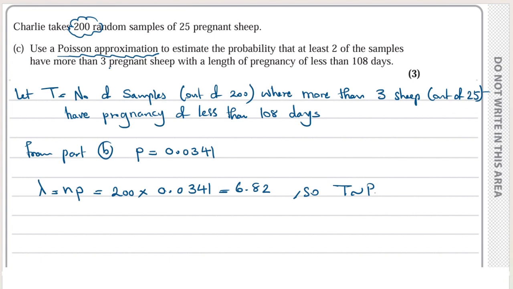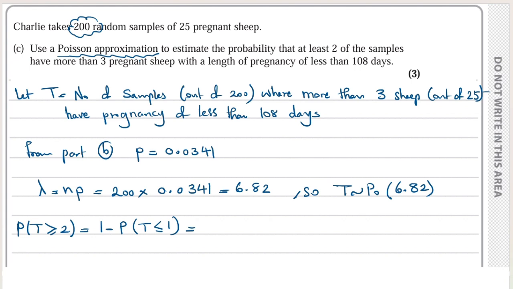And we know that T has a Poisson distribution with lambda equal to 6.82. So we want to find the probability of T. It says at least 2, so we want the probability of T bigger than or equal to 2, which is 1 minus the probability of T less than or equal to 1, since we are working with a Poisson distribution, which is a discrete distribution.